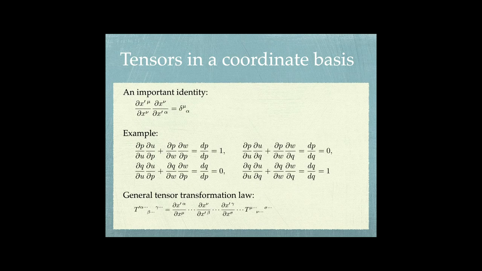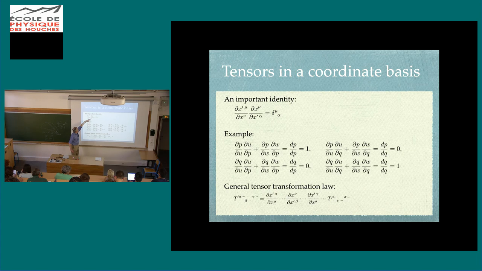And there is this important identity: if I take the derivative of the prime coordinate system with respect to the unprime coordinate system and then multiply it by the partial derivative the other way around, I get the identity matrix, which is basically saying that these transformations are inverses of each other.